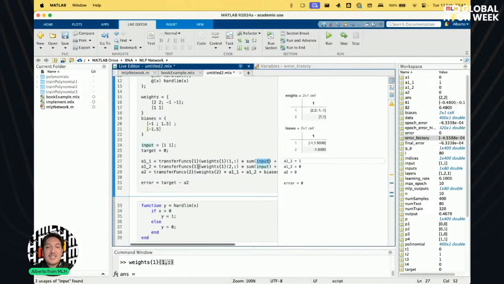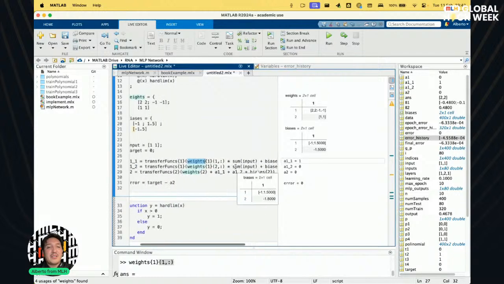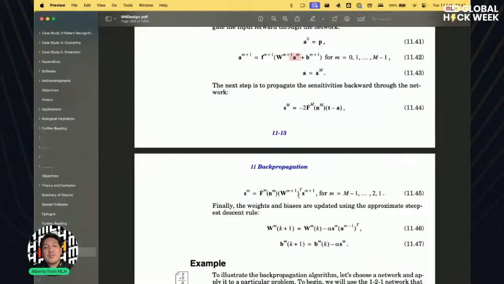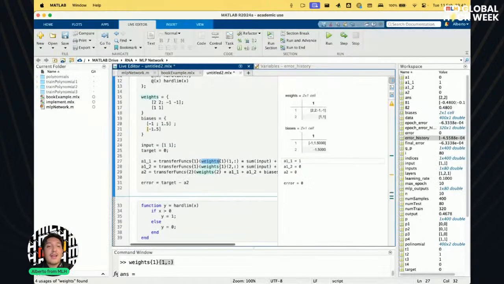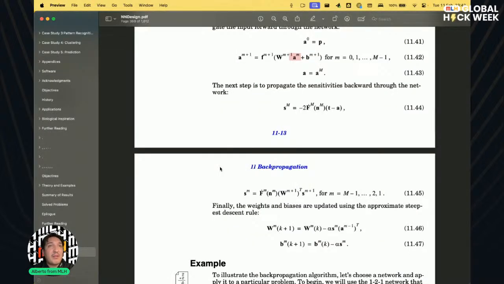I actually divided it just for me to debug what was going wrong. In the end, it turned out I was missing the weights because I didn't notice that. But we can do just a single A1, right? No worries about that. That is the weights multiplying the inputs plus the bias, all evaluated inside the transfer function. And that's it. That's just a simple feed forward rule.